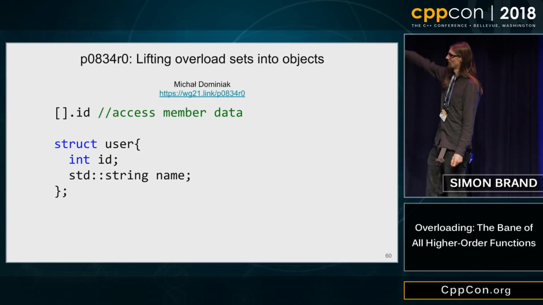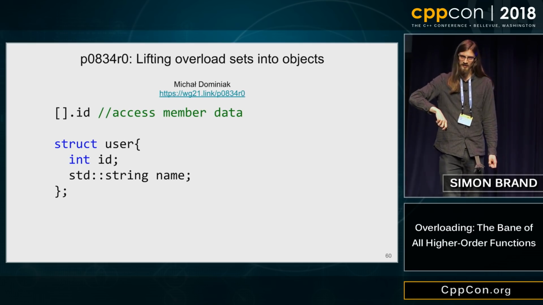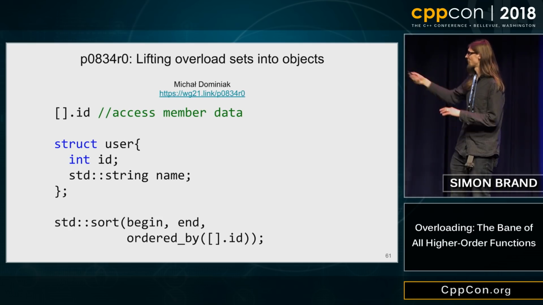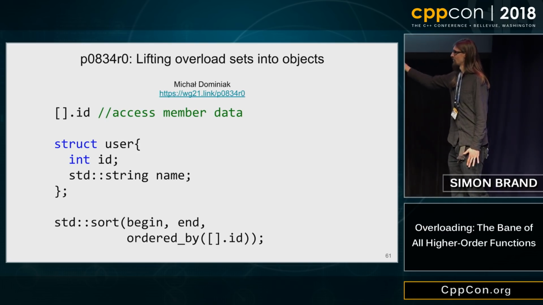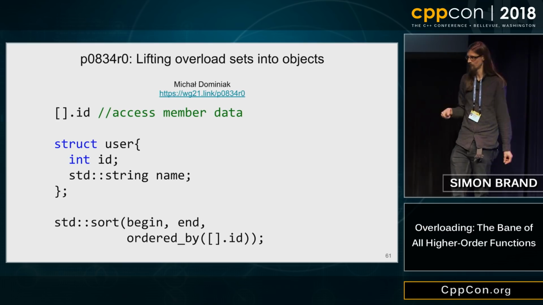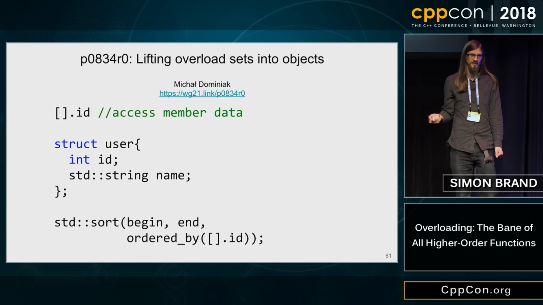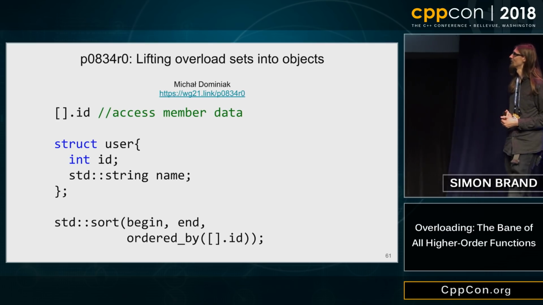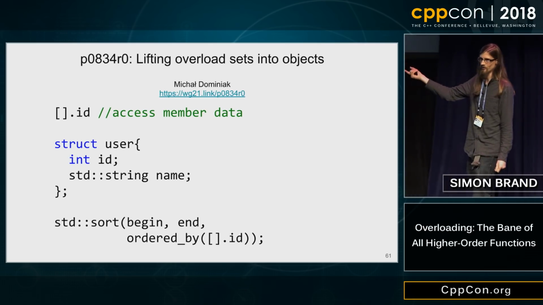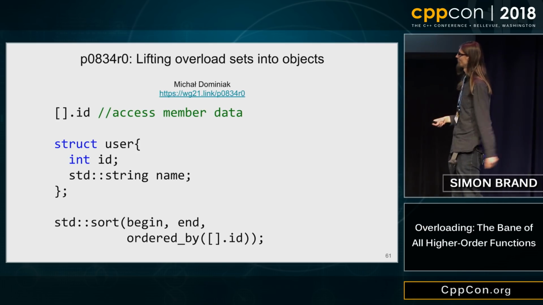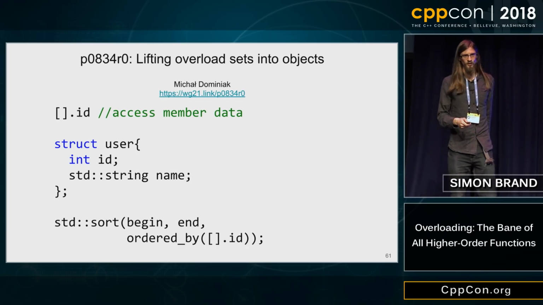So say you have a user type with an ID and a name, with some kind of projection function to say I'm ordering by some projection, then you could say, I'm ordered by ID. And this is actually really nice, clear code, rather than having to do a comparison yourself. You just make a function object from this member data and use it as a projection.